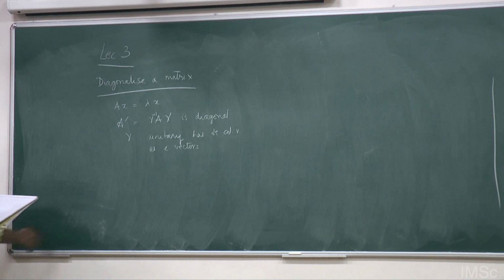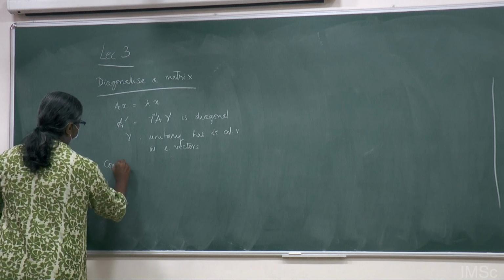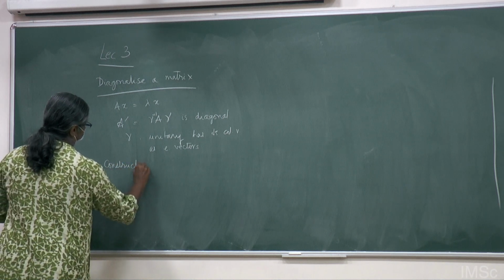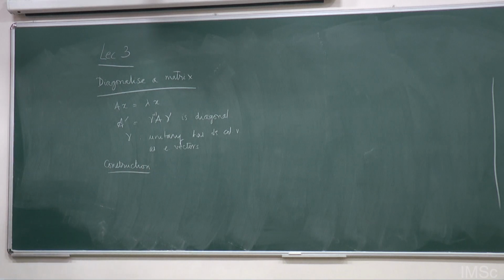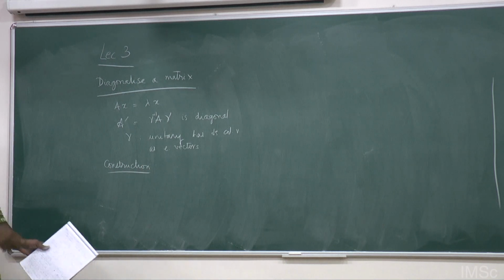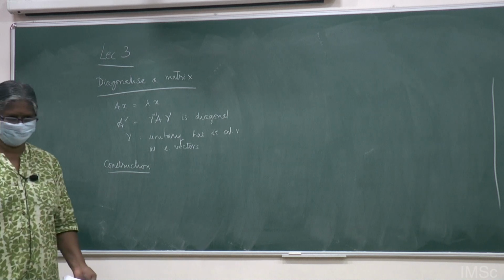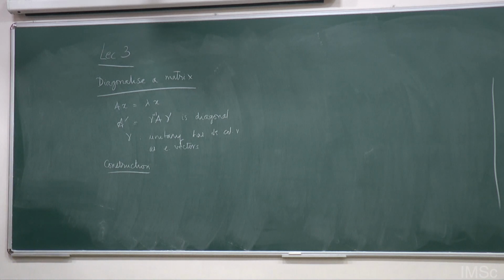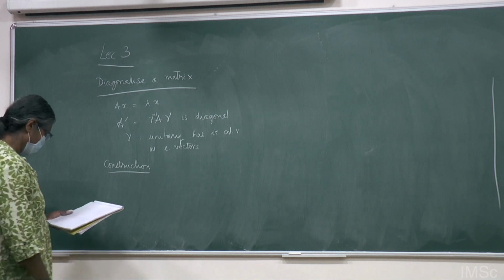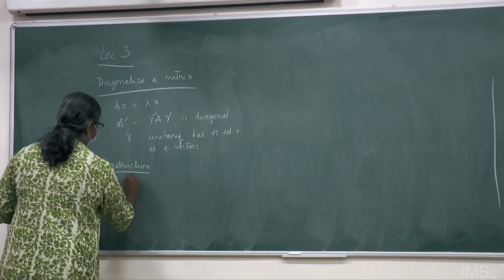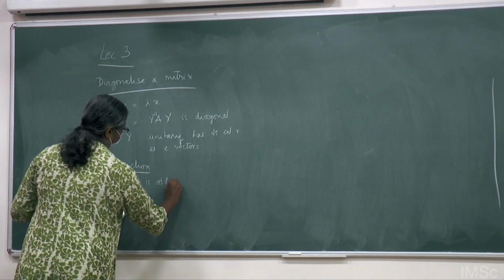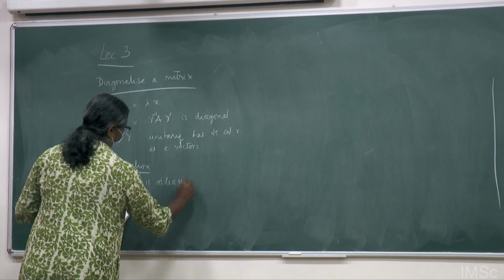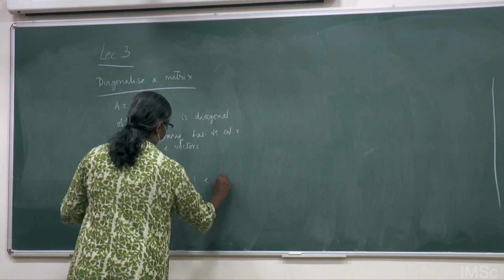So how do we construct such a thing? We find the eigenvalues and eigenvectors. While solving it, you find the eigenvalues and eigenvectors; that is the way you normally do it. You apply the procedure and that gives you the answer. So let us say that there is at least one eigenvector or eigenvalue.